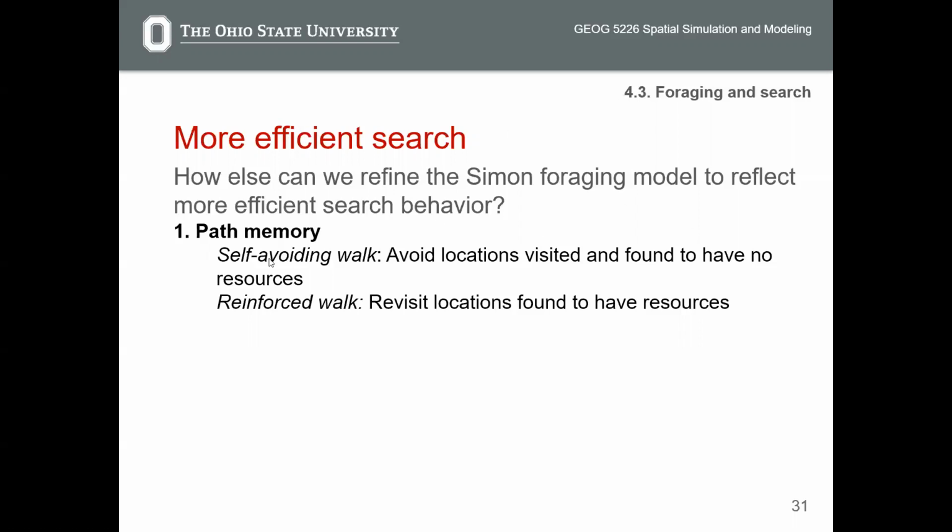For example, we can use self-avoiding walk. I mentioned this in the last video, right? Avoid locations visited and found to have no resources. Or we can use some strategy called reinforced walk. Revisit locations found to have resources.